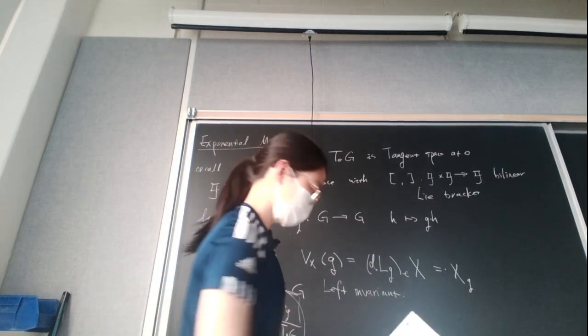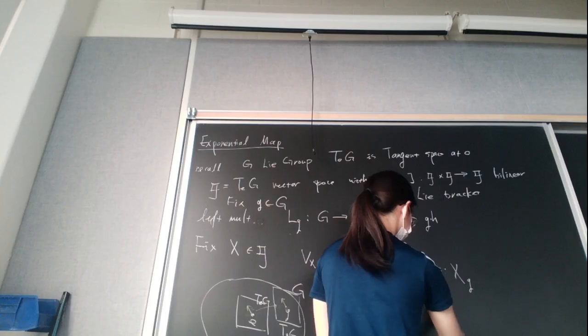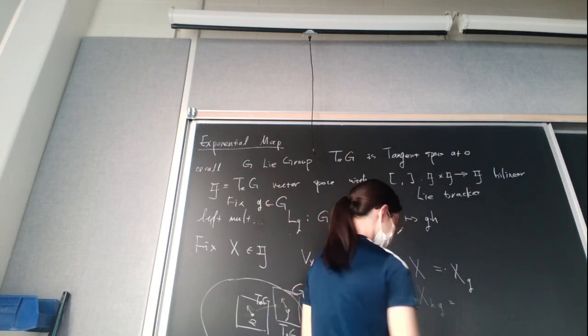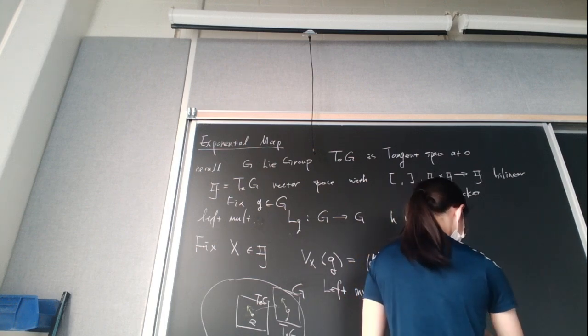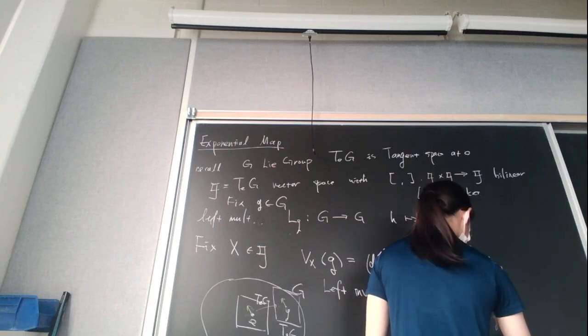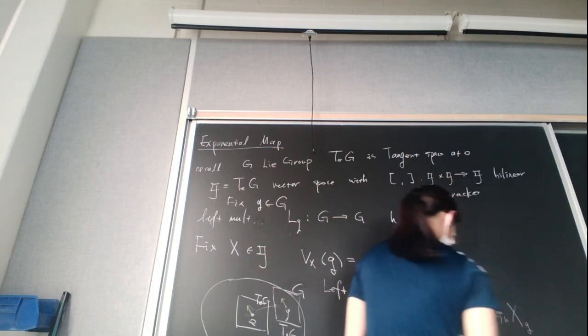And what basically that means is X_hg is equal to the differential of left multiplication by h at g applied to X_g.